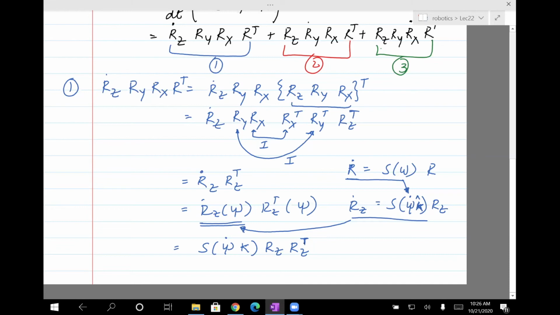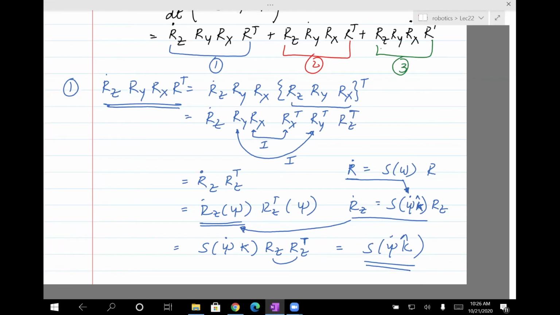Okay, and so this is simply the identity, and so we're left with something very, very simple, which is psi dot K. So this first term boils down to something as simple as the skew symmetric matrix of psi dot K. Okay, which is very nice. So that's just one of the three terms.